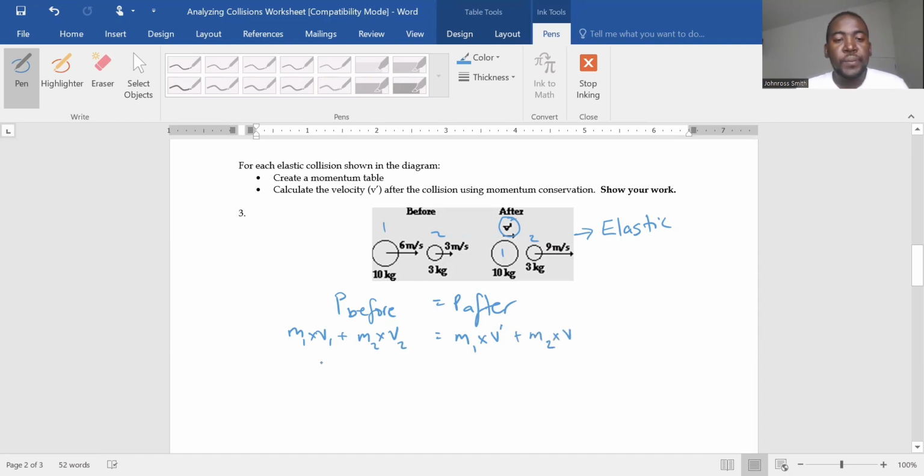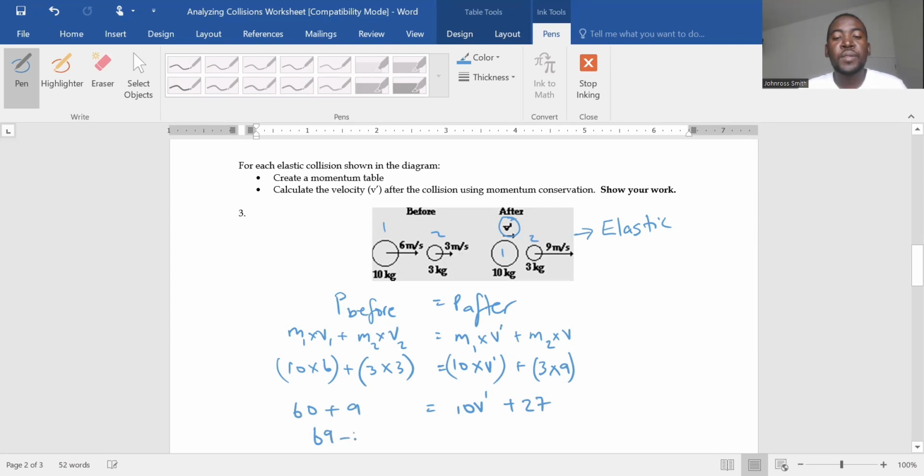So this would be 10 times 6 plus 3 times 3 equals 10 times v prime plus 3 times 9. So this is 60 plus 9 equals 10 v prime plus 27. So this is 69, we take away the 27, so it becomes negative 27 equals 10 v prime.